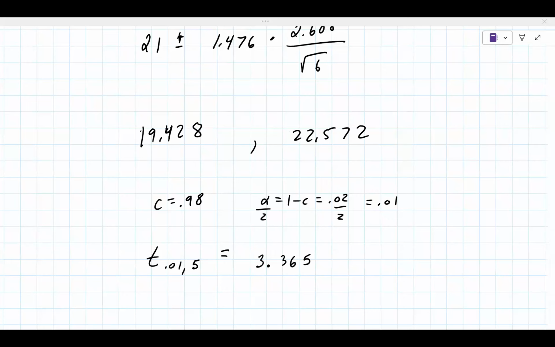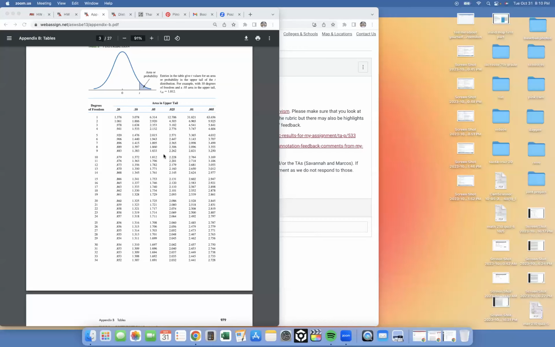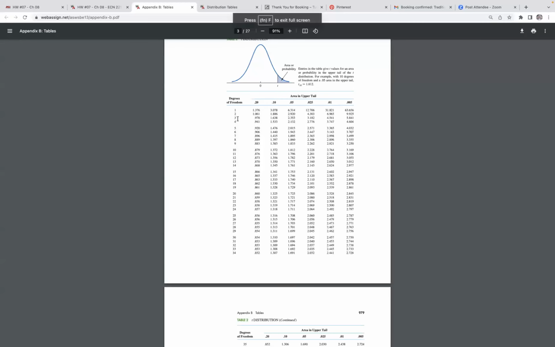All right, go ahead and share your screen if you want. I'm iffy on this because this is where I've been missing a lot of these steps. Row 5, and then just go over to where it says 0.01. You're in the 0.1. Keep going to the right, 0.01. There you go, 3.365. Got it.